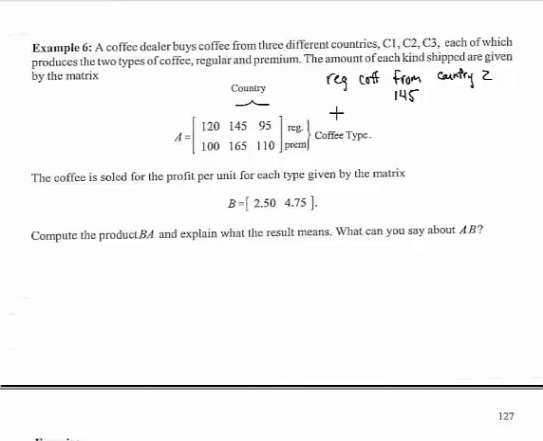What about premium coffee from country 1? Well, premium coffee is in the second row, and country 1 is in the first column, so that would be 100. All right.